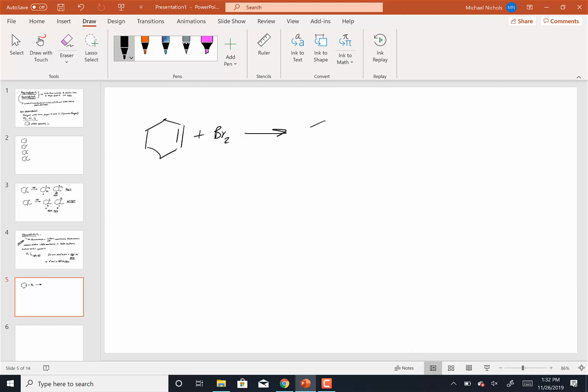So when I add the 2 Brs, and this is where the tricky part is, my 2 possible ways of adding it are 100% cis, but I could also add it 100% trans. Or in other words, I could add it cis or trans. So these are my 2 possible products.